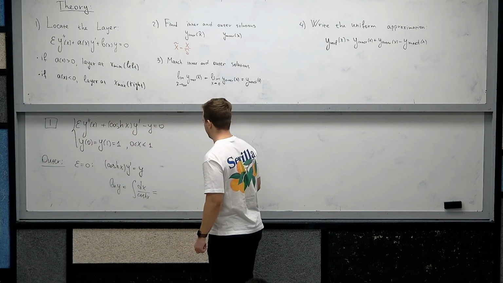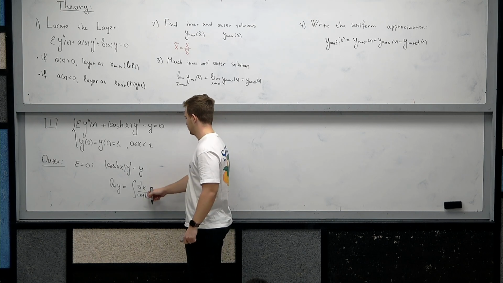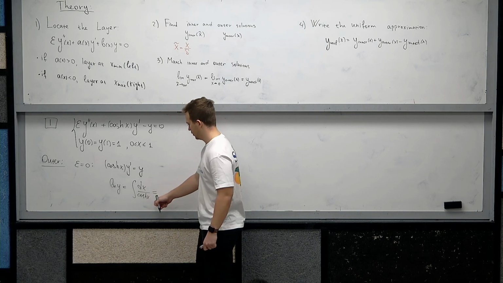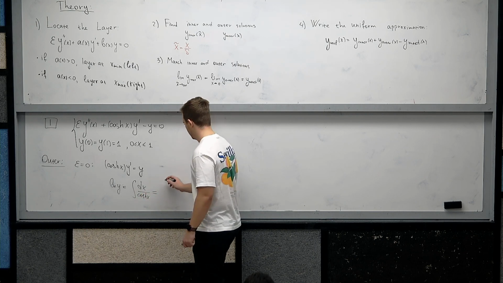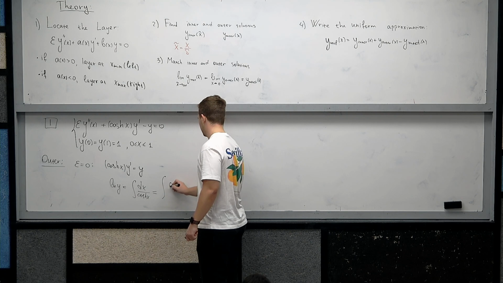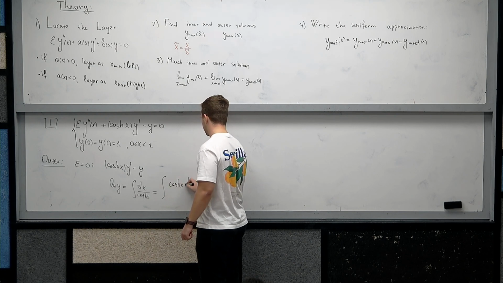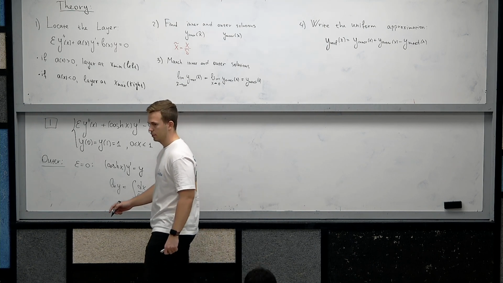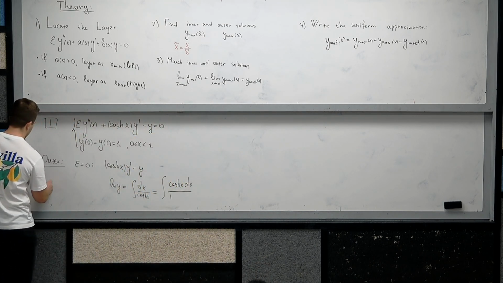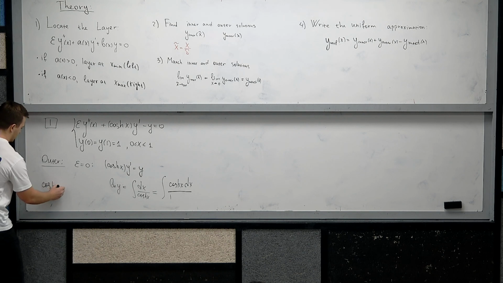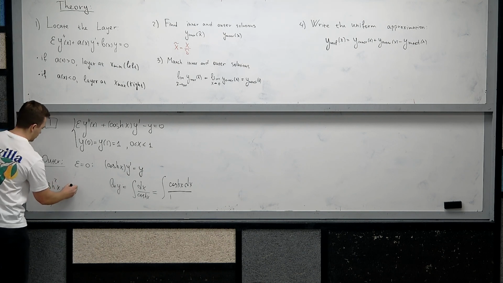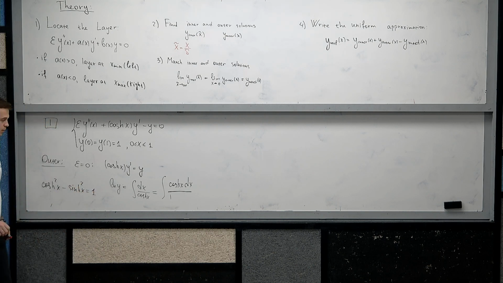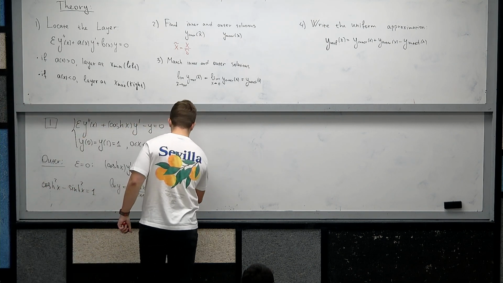I can multiply both numerator and denominator by hyperbolic cosine, and have hyperbolic cosine times dx over hyperbolic cosine squared. And here I can use that cosh squared minus sinh squared is 1.